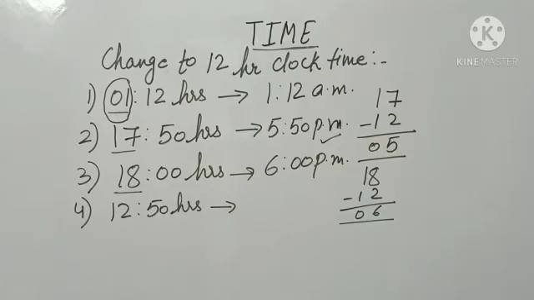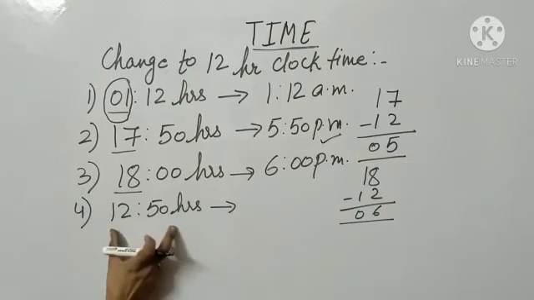There is no difference. In both the clocks I showed you that 12 was written. And I told you that from 12 noon to 12:59 PM, the time is the same in both the clocks. And here 12:50 is the time after 12 noon.